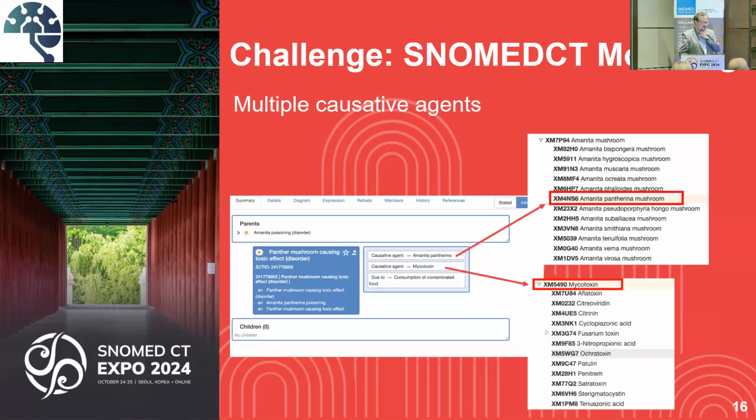Yep, I think we maybe took a naive approach to some of this too. There are situations with multiple causative agents, but you can also have things that look like they have a substance cause, but also look like they come after a procedure.